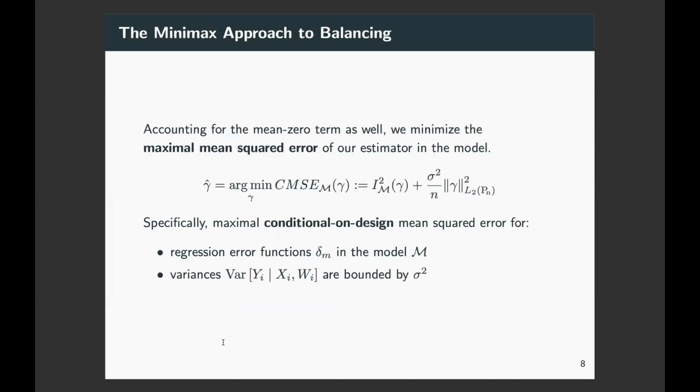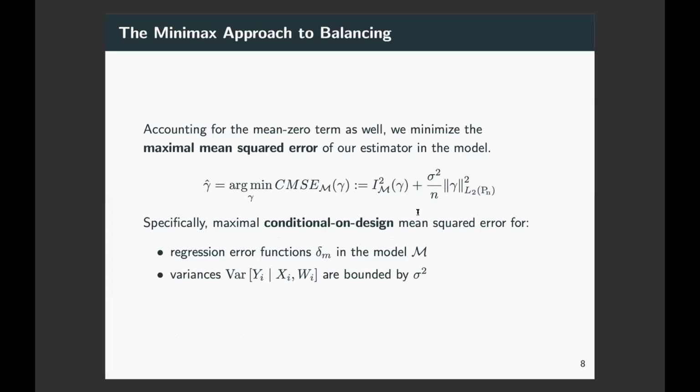And there's a nice minimax approach based on this that accounts for the mean zero term as well, in which we minimize the maximal mean squared error of our model. That's pretty simply just the square of the maximal imbalance plus a term proportional to the squared norm of the weights, which keeps some of this extreme weighting phenomena from happening.